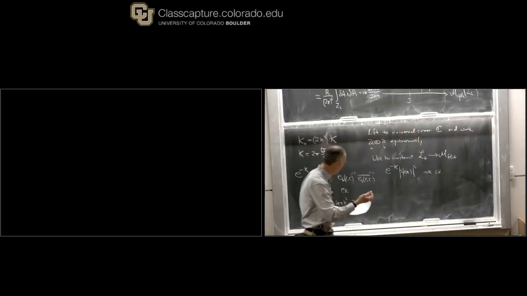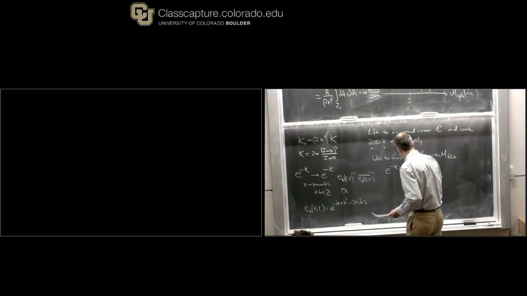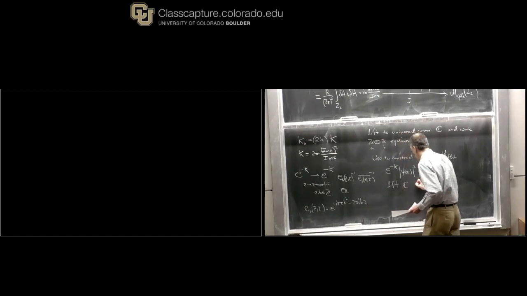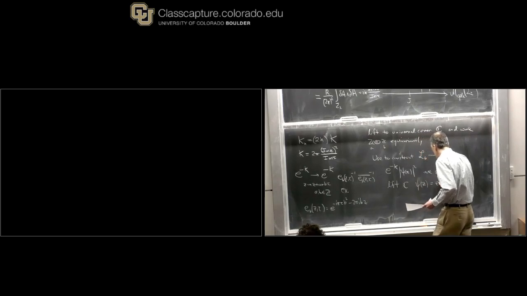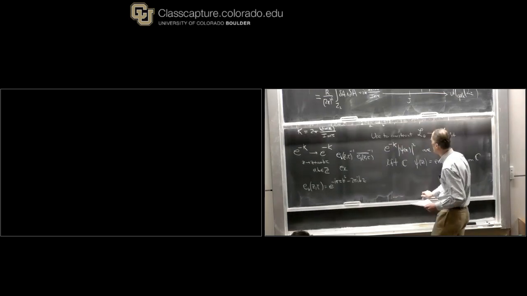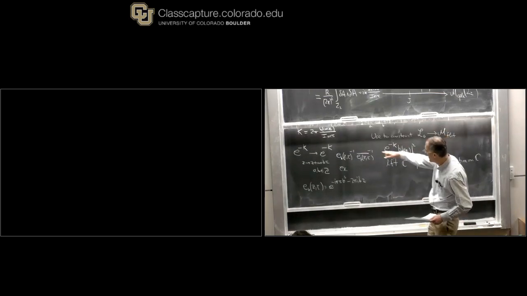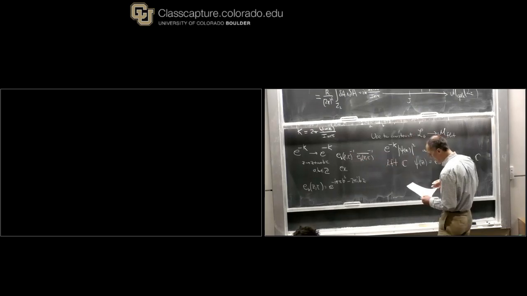Okay, so again, we lift to the universal cover. And if we want holomorphic sections, then psi of z has to be an entire function on the complex plane. And it also has to be such that this is single valued, but you know how the e to the minus k transforms.